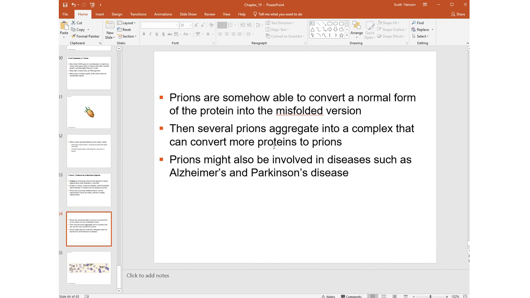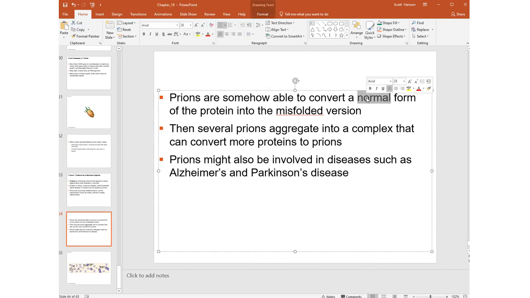So prions are somehow able to convert a normal form of a protein into a misfolded version of the protein. And then several prions can aggregate or clump together into a complex that can convert more proteins to prions. And so these prions might be involved in diseases such as Alzheimer's disease and Parkinson's disease even.